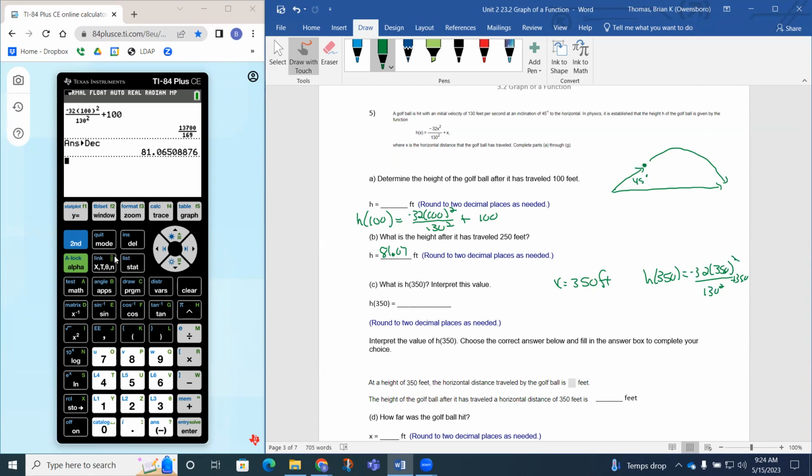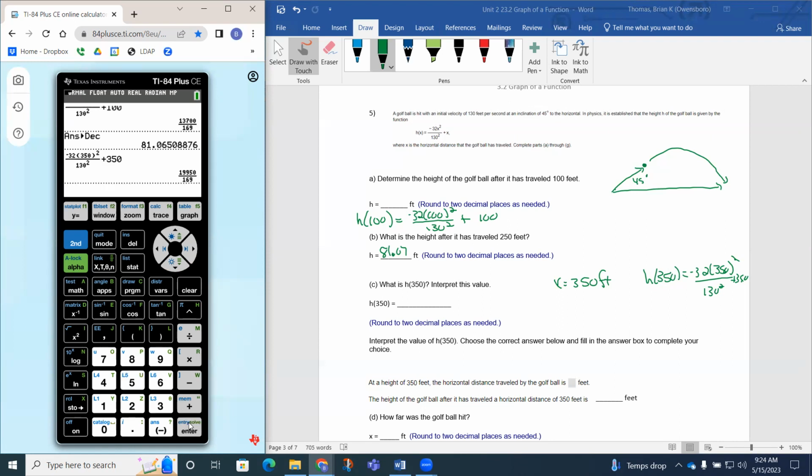If you notice, there's this little square box over a square box. That's a shortcut to that fraction button. So if I hit the alpha key and hit this button, it also gives me that little menu. So negative 32 goes on the top, and then in parentheses, 350 goes inside there, and I'm squaring that. And then the 130 squared is on the bottom. And then we're adding 350 to that.